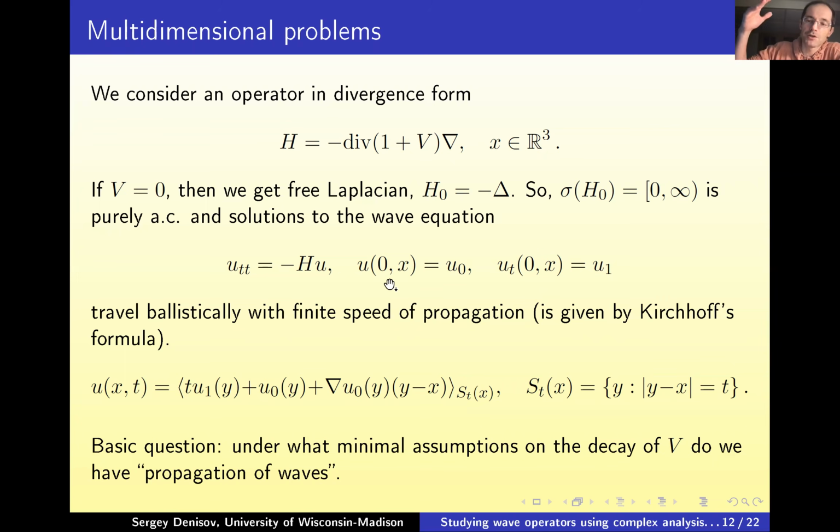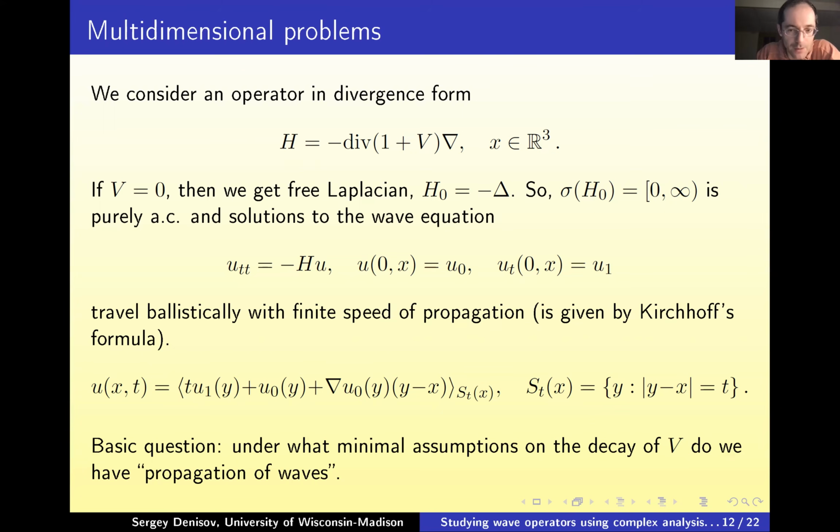If you talk about the vibration of an infinite membrane, then it will be initial displacement and that will be initial velocity. So it all makes sense and has been studied extensively. Again, if you assume some information about V, and I'll tell you exactly what we need to assume, then this operator H becomes self-adjoint in the Hilbert space L2. So the Hilbert space again is L2 on the whole R3.